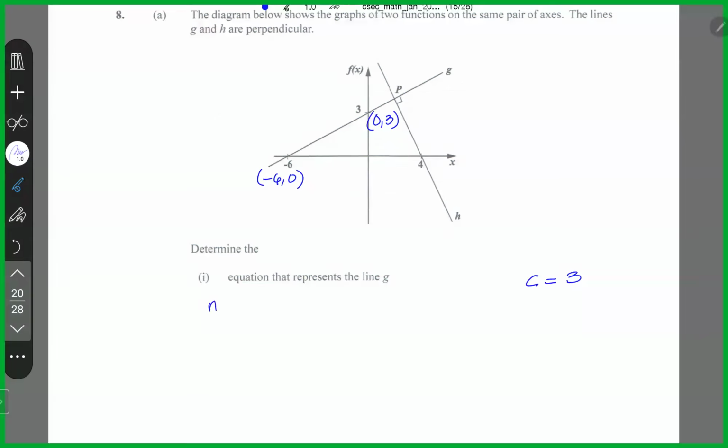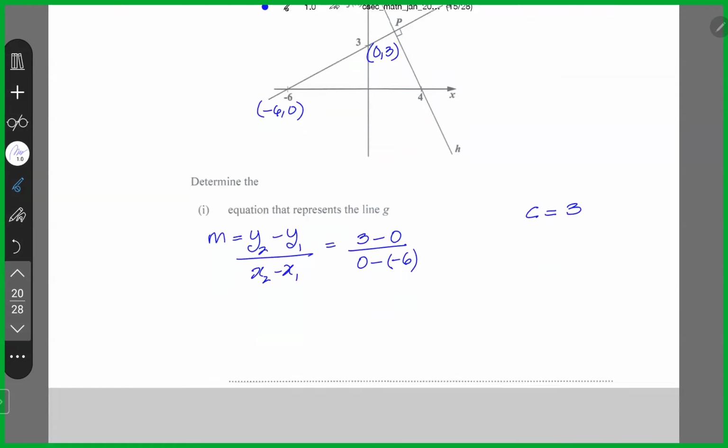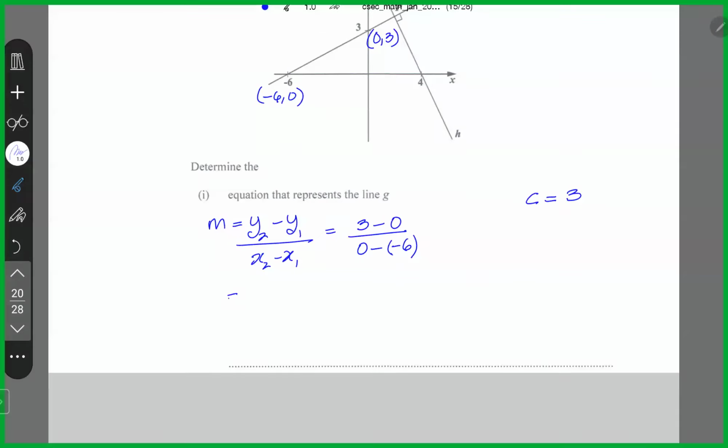The gradient m is (y2 minus y1) over (x2 minus x1). y2 is 3 minus y1, which is 0, over x2, which is 0, minus x1, which is -6. So m is 3 over 0 minus -6.